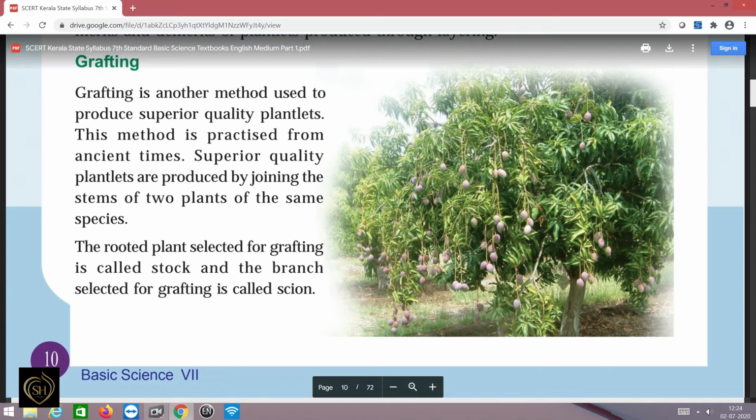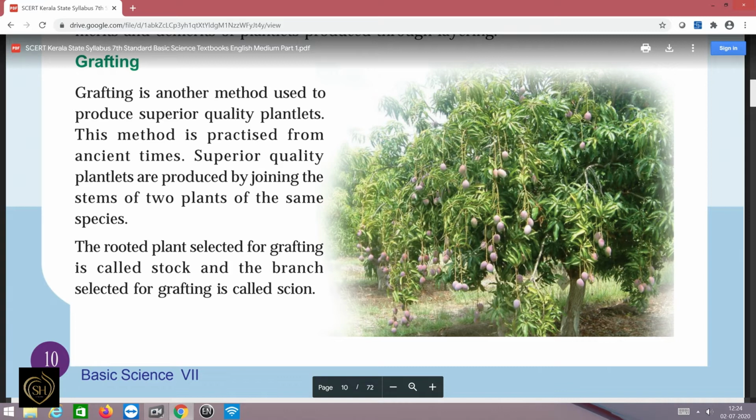The rooted plant selected for grafting is called the stalk. Usually we select a local plant as the stalk, not a superior quality plant. And the branch selected for grafting is called the scion.